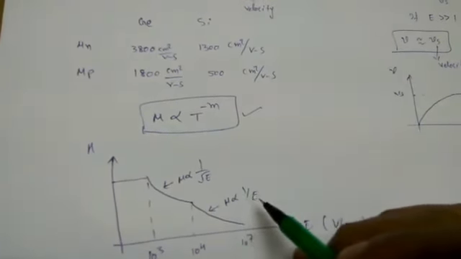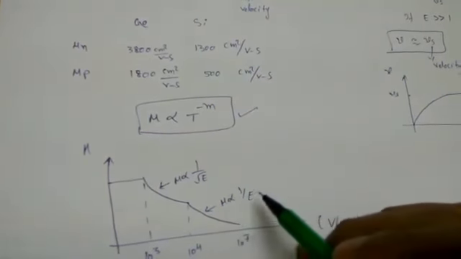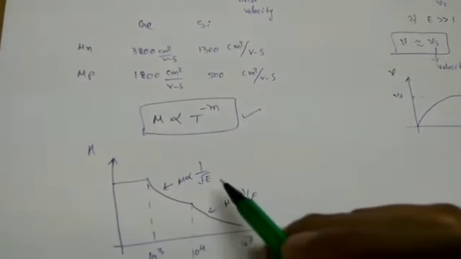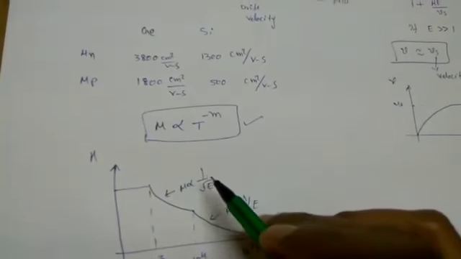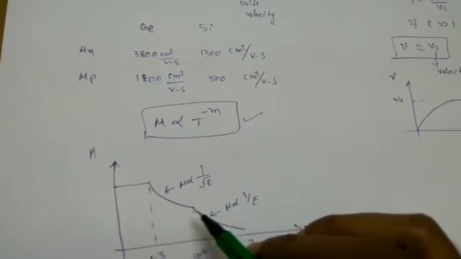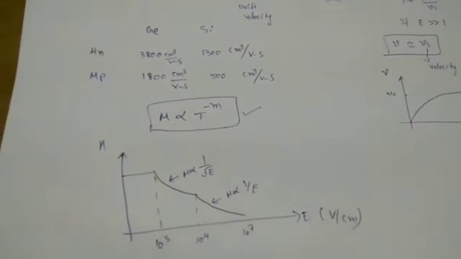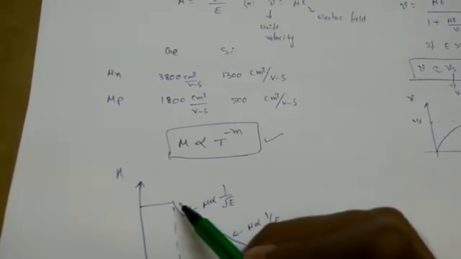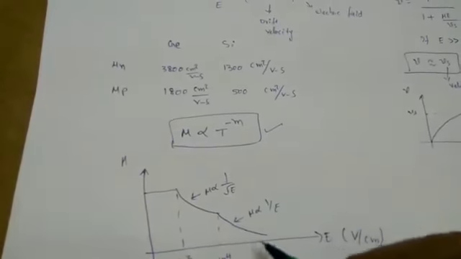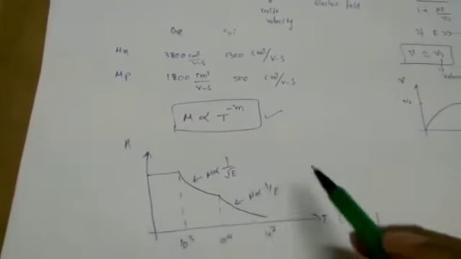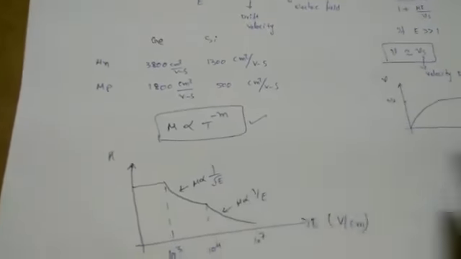That is, in one region it decreases very slowly as E increases, but in the other it decreases very fast. So this curve also we need to remember.